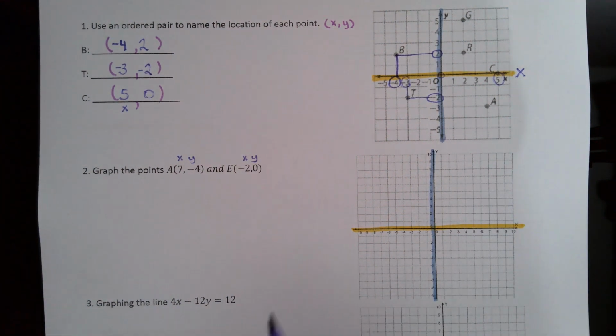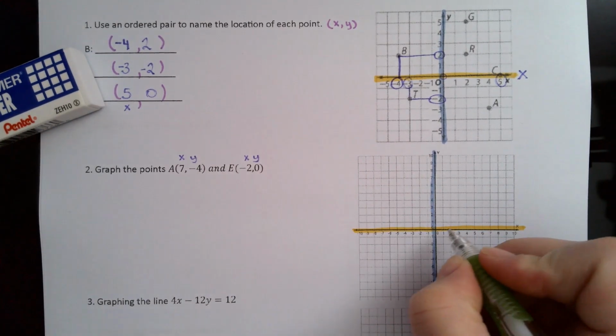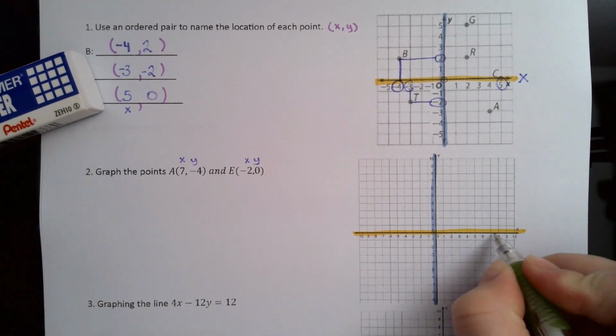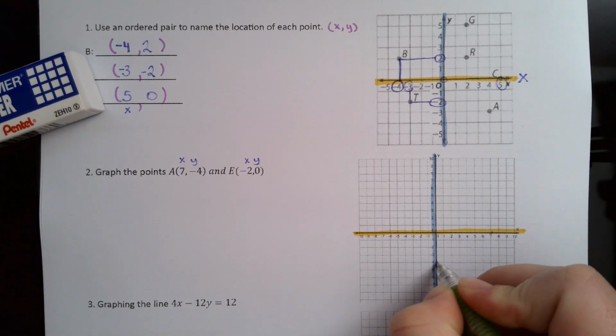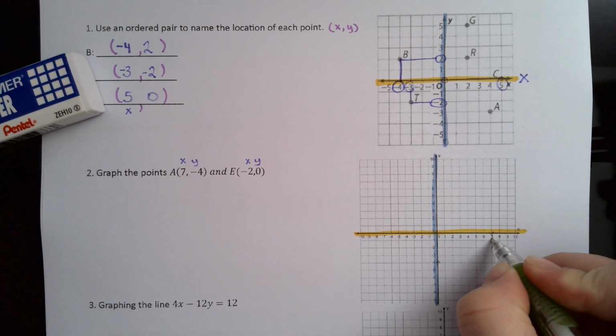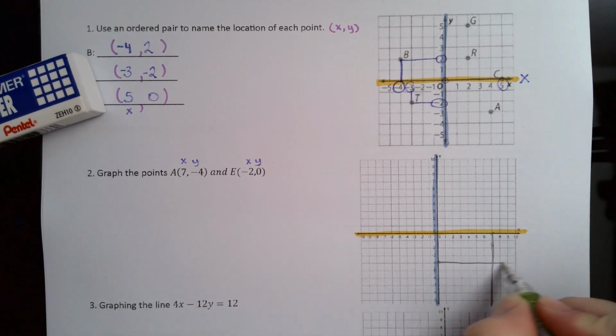We're going to start, and I'm going to do this in pencil, and then I'll erase. Here's my eraser. Okay, so we're going to start at 7 on X. So here's 7 on X and -4 on Y. So I'm going to create kind of this line here. Here's 7 on X, -4 on Y.